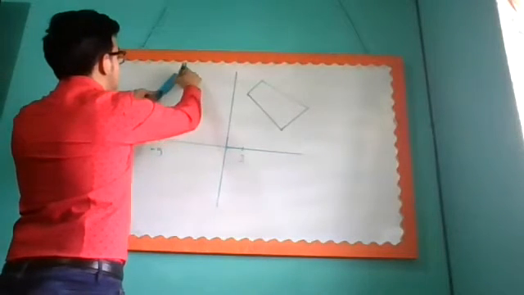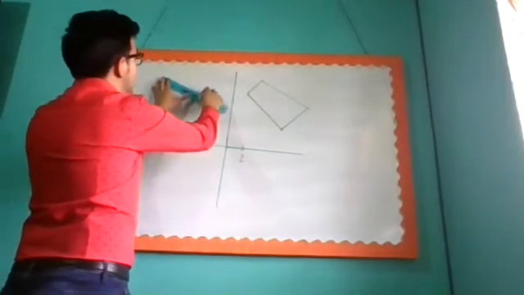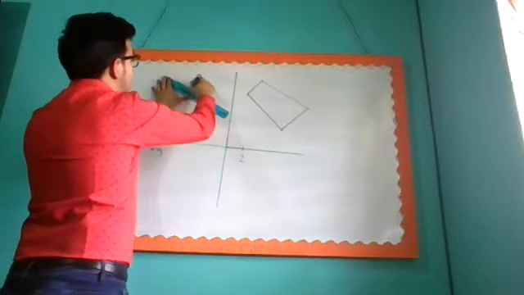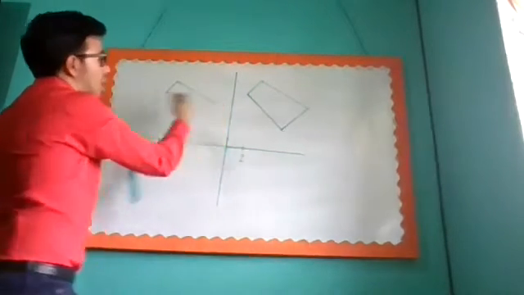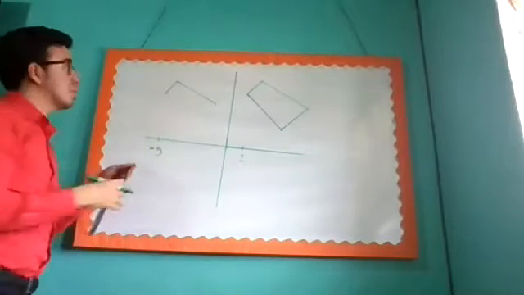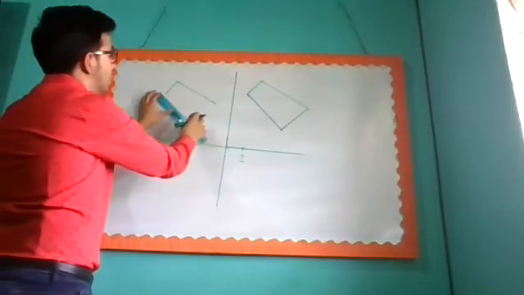something like this. Remember, it's the same figure, okay? What I'm going to draw is the same figure because I only move the position. I only translate, so it's only to move the position.